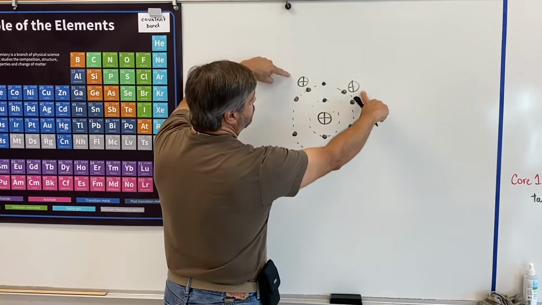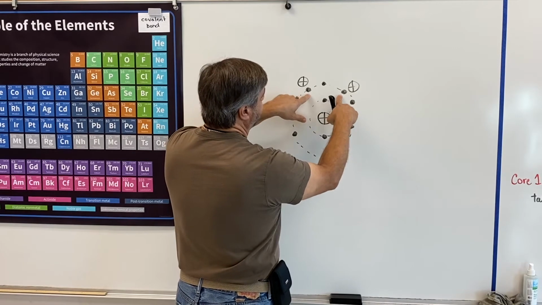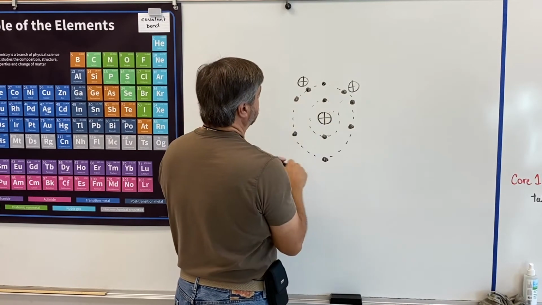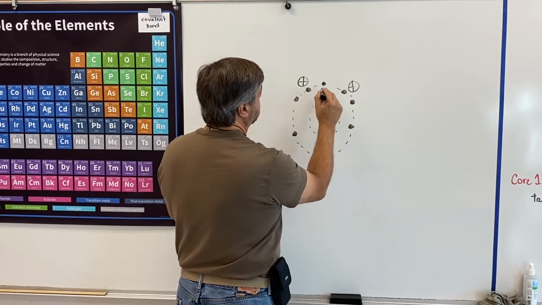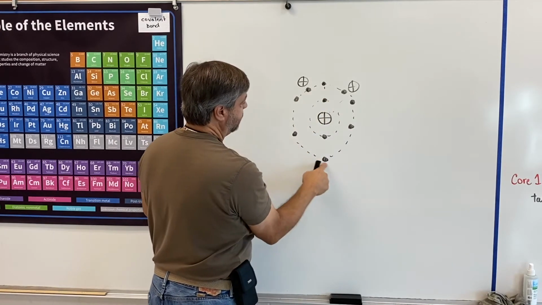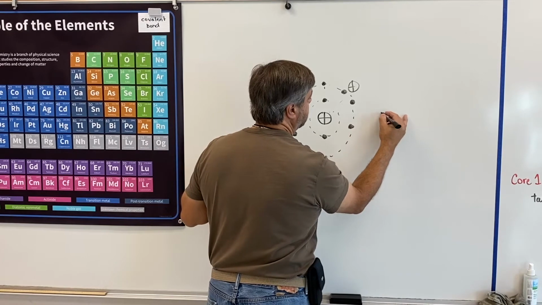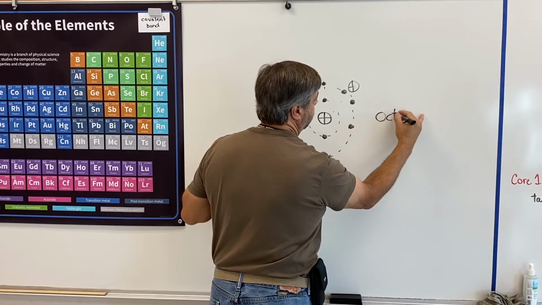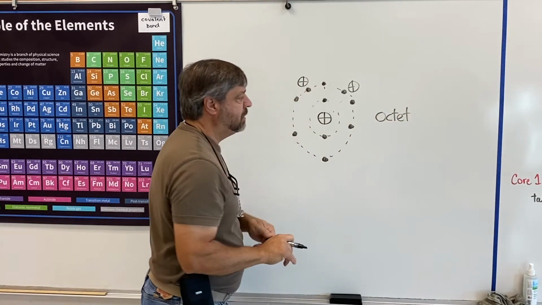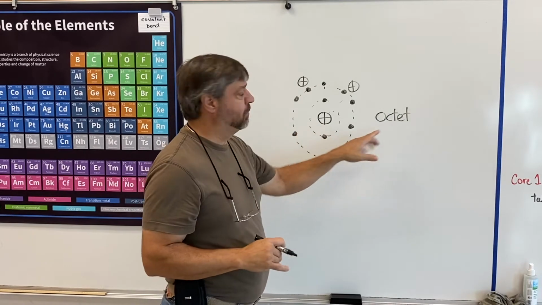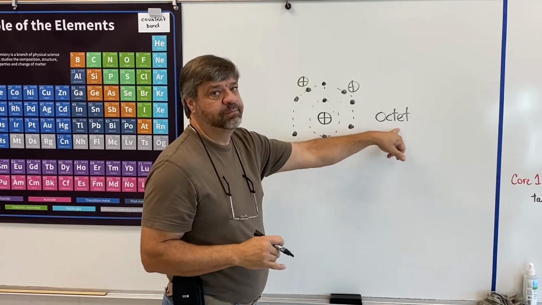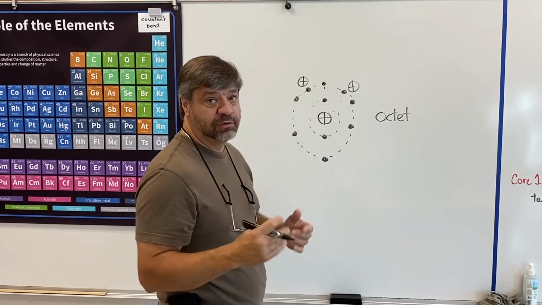Here are my 2 hydrogen atoms now with their electrons that they've now brought in. So now I have 1, 2, 3, 4, 5, 6, 7, 8 electrons. So now this is a complete valence shell for the oxygen atom, and that's called an octet. Oct meaning 8, remember, like if you're a musician for octave.